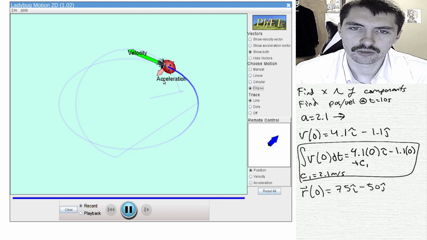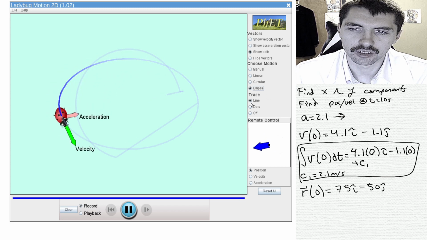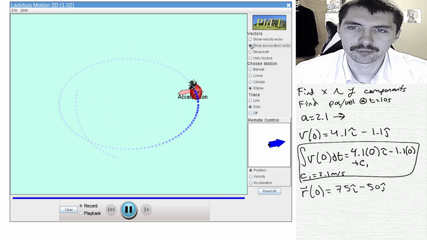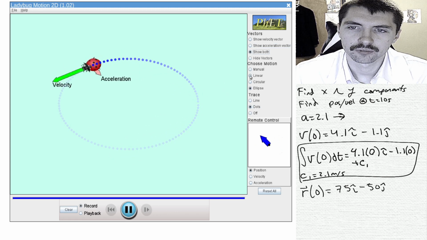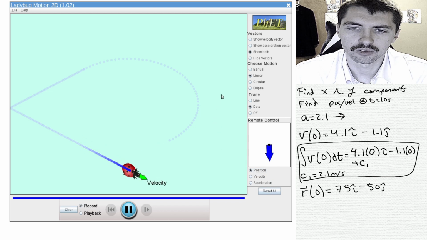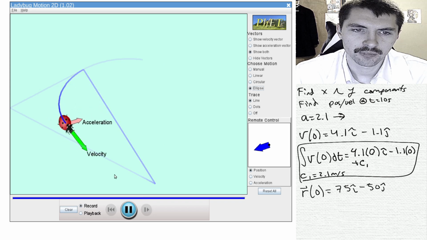You can see the acceleration changes depending on where it's at in the ellipse. Not sure what this is doing, but yeah, it's pretty cool.